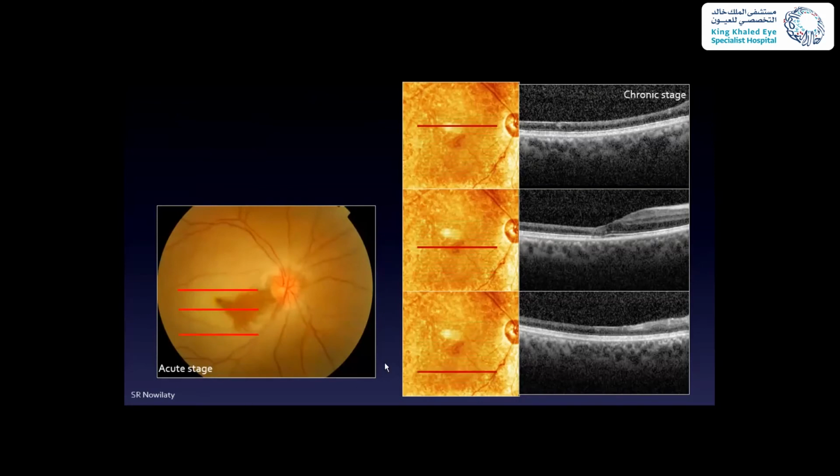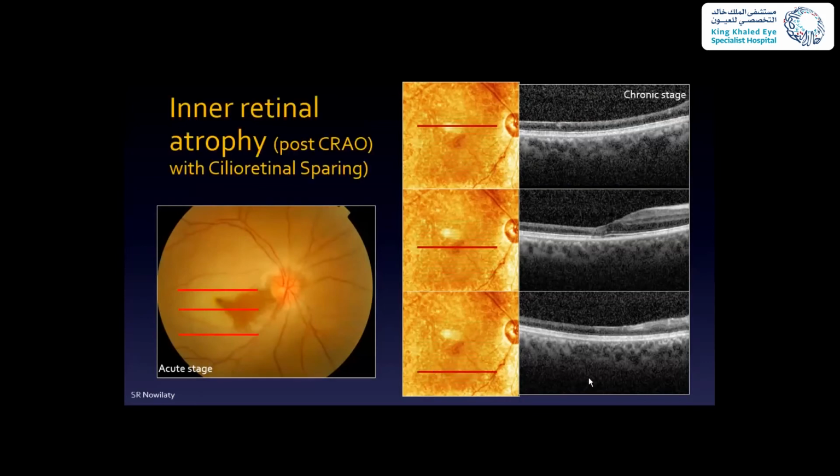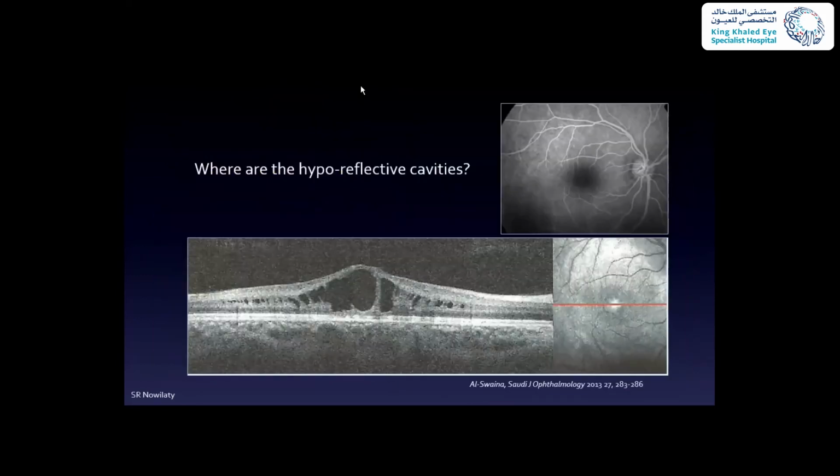Then when you go down below the area of preserved irrigation, you're going to see atrophy again. So this shows you the atrophy after retinal arterial occlusion. And you have atrophy after hemiretinal vein occlusion and even after CRVO. Anytime that you have a lot of ischemia, the inner retina dies progressively.